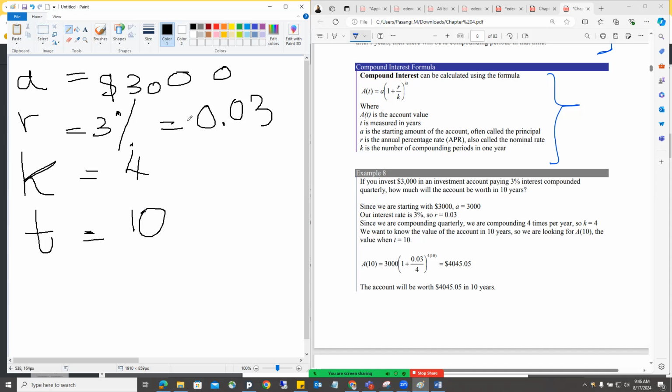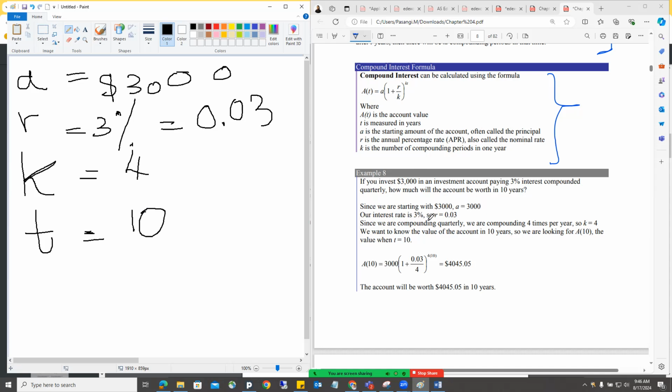So these are the values. Now what we need to do is substitute all these values into the compound interest formula and find the final total value. Is it clear? Yes.